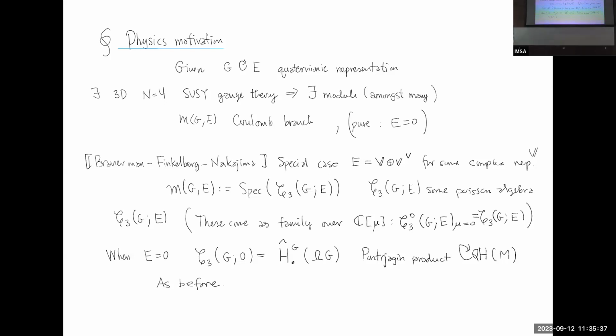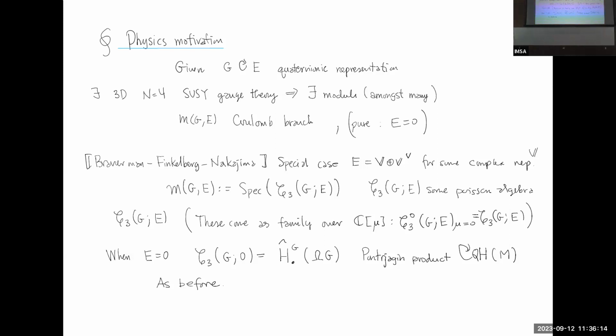Among them is what is called the Coulomb branch, and of course, it's very difficult to define what the Coulomb branch is in general, but Braverman, Finkelberg and Nakajima came up with a construction for the particular case when this quaternionic representation is given by a sum of V and its dual, for a complex unitary representation of G. In that case, they gave this construction of the Coulomb branch as the spectrum of a particular algebra, which is a Poisson algebra.